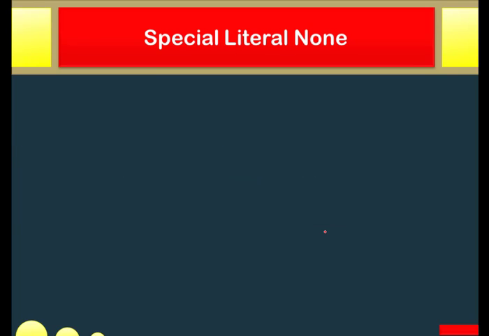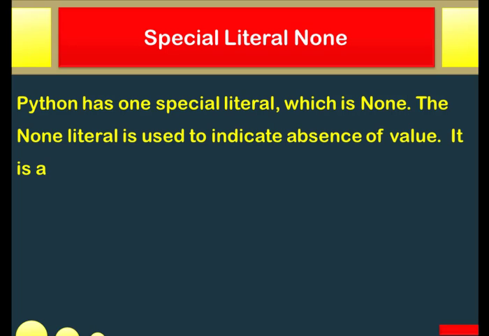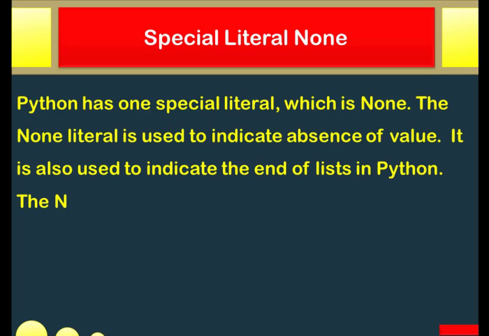Now next is the special literal None. None means nothing, no one. Python has one special literal which is None. The None literal is used to indicate absence of value. It is also used to indicate the end of a list in Python.